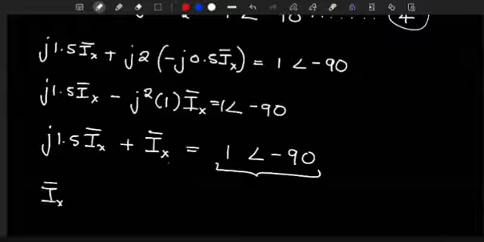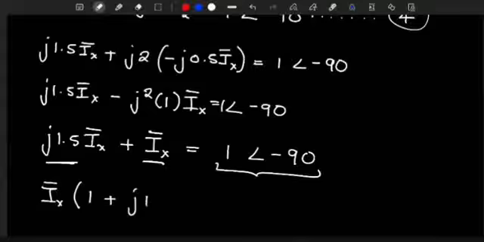Because I'll factor out Ix bar. What will remain is here it will only be 1. Here I'll remain with j1.5. And then this will still be 1 phasor minus 90.